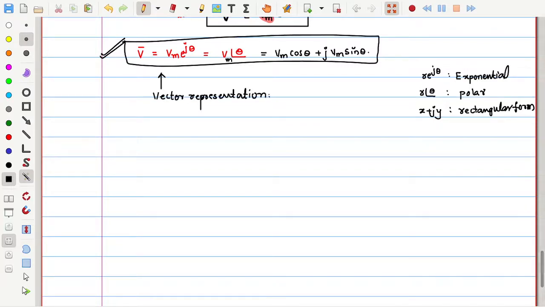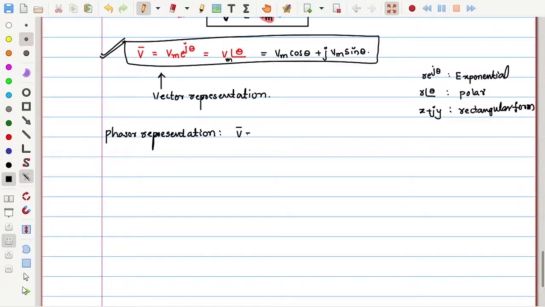I'll tell you what is the difference between vector and phasor representation. Next is the phasor representation.